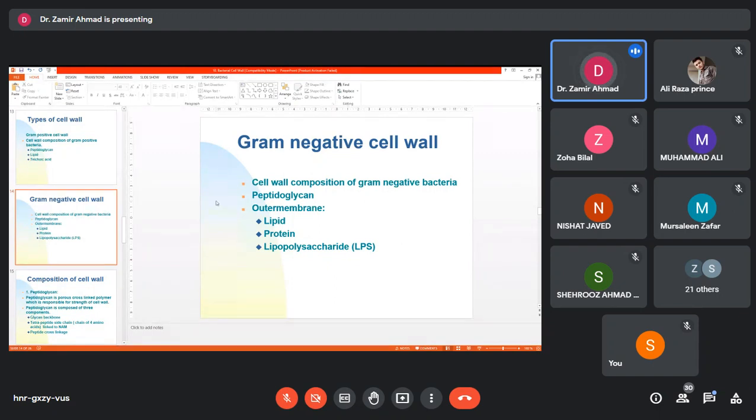So in gram-positive, peptidoglycan is the major constituent, while in these gram-negative bacteria, this outer membrane composed of lipid, protein, and lipopolysaccharide is the major constituent of the cell wall.